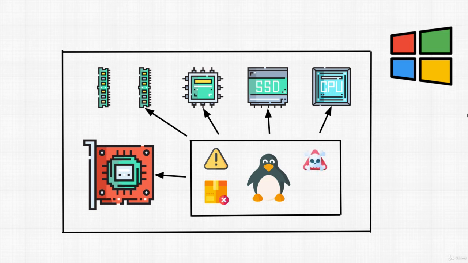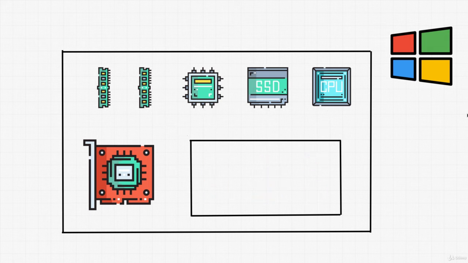Or another possible scenario would be that we just installed the wrong version of the operating system, which we don't need. Will any of this present us a problem? Don't worry. With 2 clicks, we can delete the entire virtual machine with all of its files, and it will have no effect on our physical machine. Then we can proceed to create a new one as many times as we want.